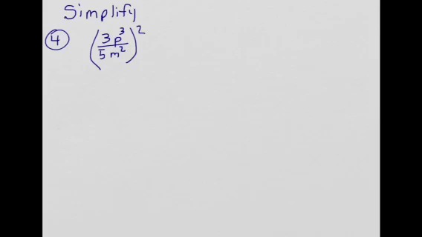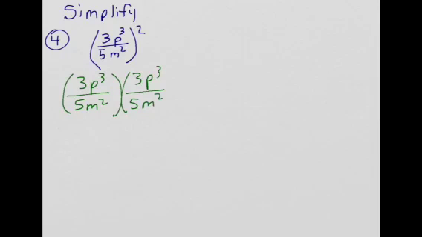Now we are raising a power to a power. Now I'm going to work this one the long way, and then I'm going to do the shortcut. So the long way is simply writing it 3p cubed divided by 5m squared times 3p cubed divided by 5m squared. This 2 tells me how many times I'm going to write it. Now I'm going to multiply like parts.